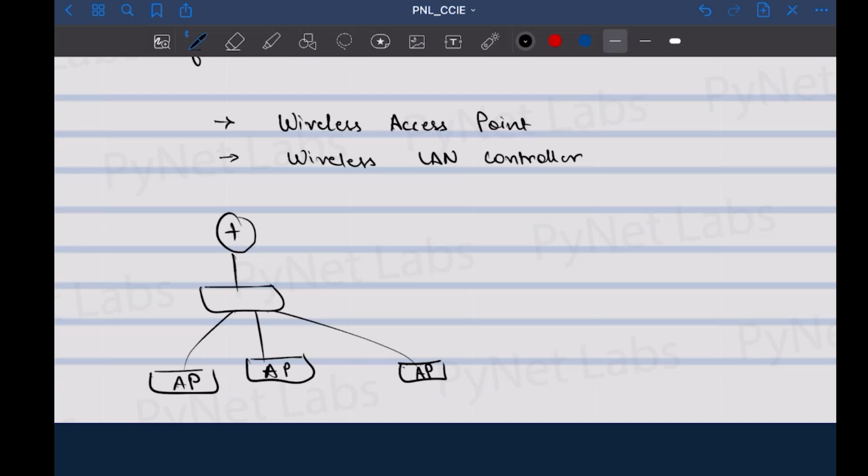Now, scalability is not a problem here, unlike the ad hoc environment, right? At any time, I want to extend my coverage, I can just strategically plan where I should be placing my next access point, because again, wireless device installation requires you to understand the concepts of physics as well.